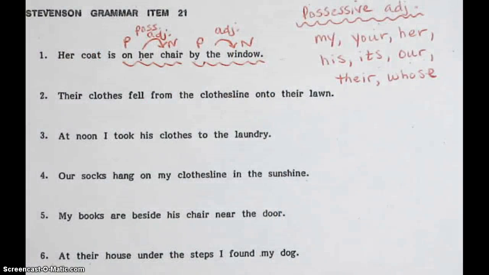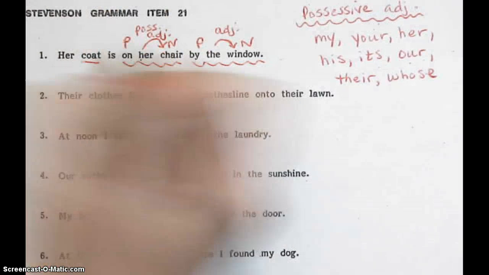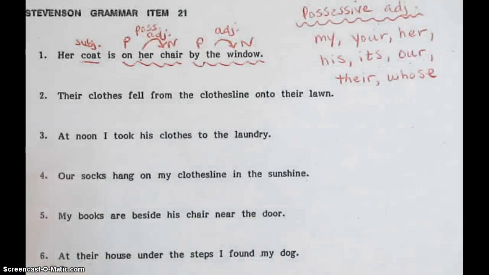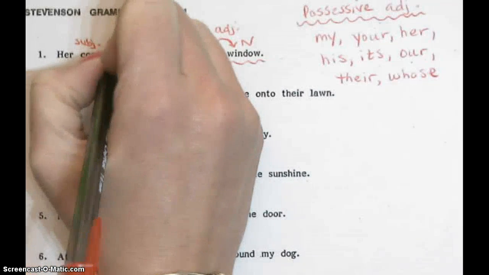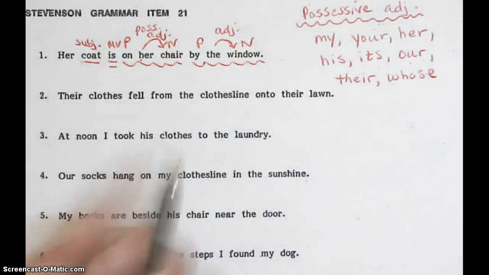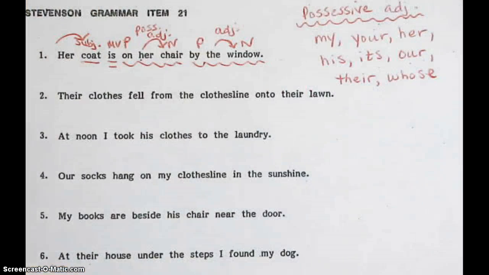Now we're going to go back and do subject and main verb. So our subject is coat. So underline once, S-U-B-J, period. And is the main verb. And then normally I would look at her and say, oh, that's an adjective, and draw that over to the subject.